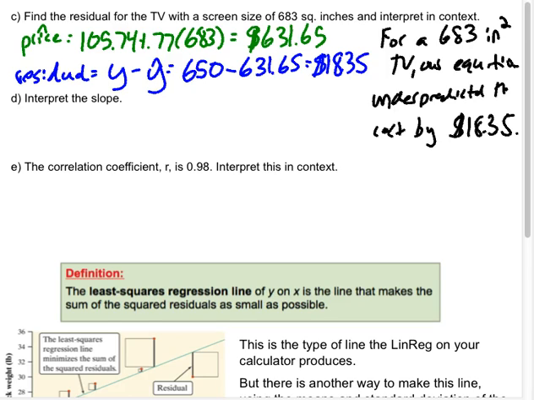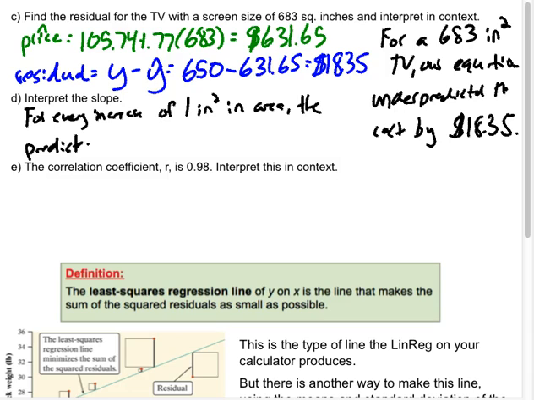Well, as x increases by 1, for every increase of 1 square inch in area, the y, so the predicted price, increases by 77 cents. Okay, so for every increase of 1 square inch, the price goes up by 77 cents.